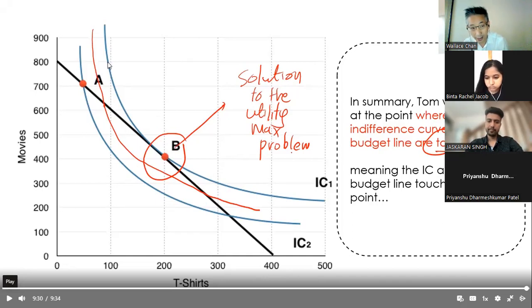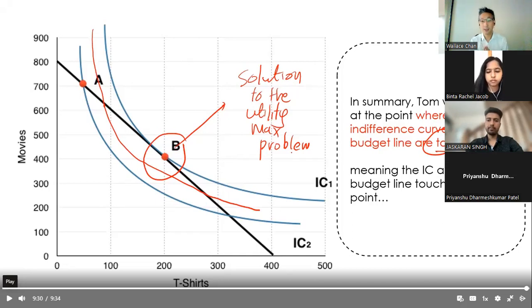But anything lower than that, for example this indifference curve, means there's still room for the consumer to get a higher level of satisfaction. So that's why this is called the best possible point. You cannot find any other point that is within the person's budget and at the same time has a higher level of utility than this point. So this is the best possible option for the consumer. Any question?